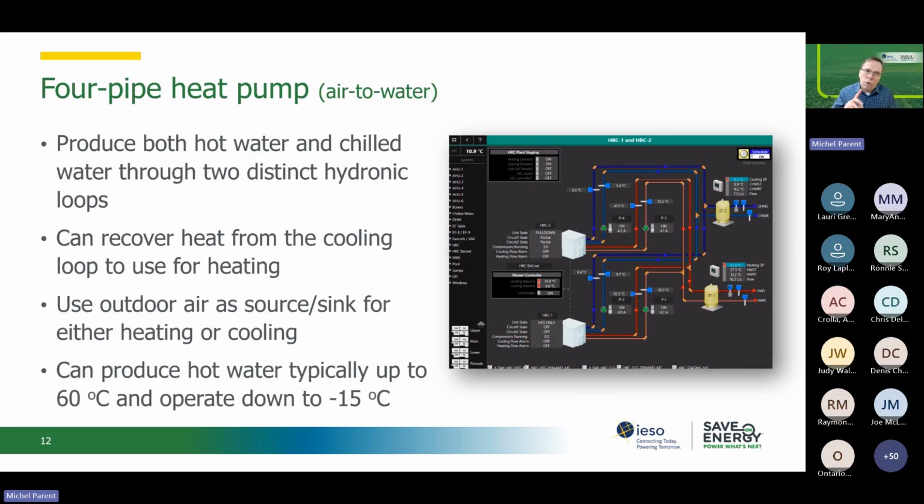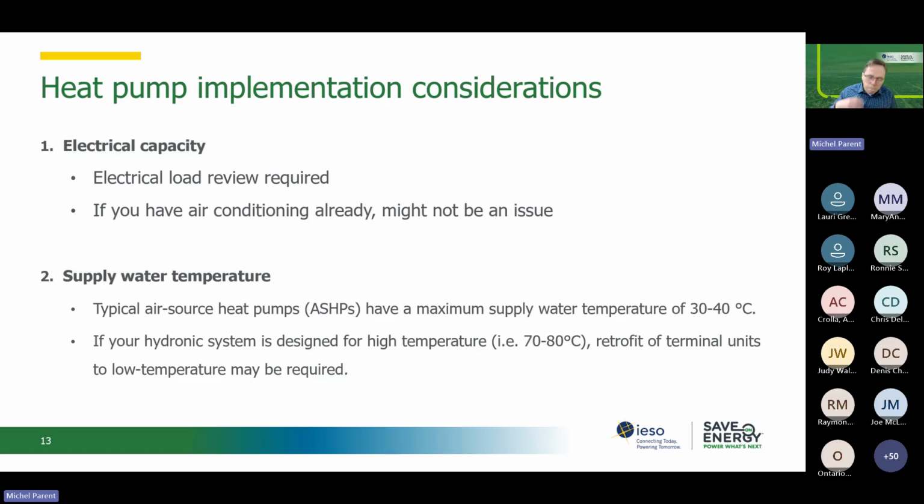And they can provide either full heating, full cooling, or they can also be in heat recovery mode. So it does sound a bit like a VRF system, but it's fully hydronic. And again, those are air source, and it's quite important to know that because when you integrate into your BAS, you need to know what will be the limitation of the heat pumps in terms of outdoor air temperature.